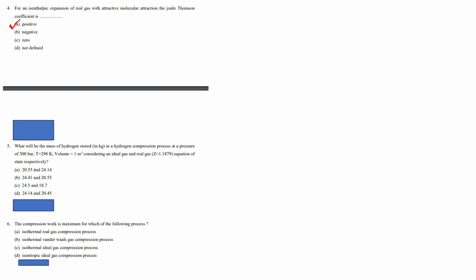Question number 5. What will be the mass of hydrogen storage in kg? You have to calculate the mass M in kg. Hydrogen undergoes a compression process at a pressure P of 300 bar and temperature 298 Kelvin, and volume V is 1 meter cube.